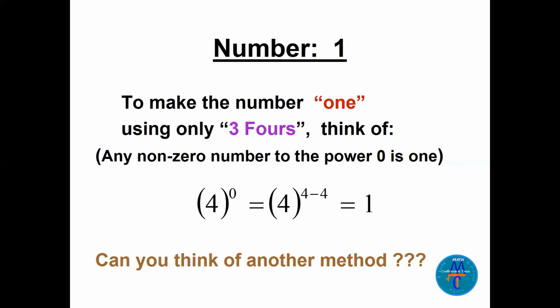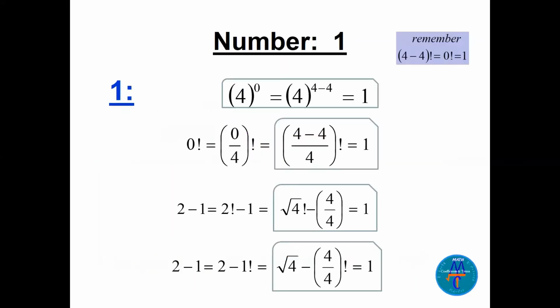Can you think of another method? That's the interesting part, to think, training of your mind at your leisure time, at your free time, to find some other methods. Let's see. I put here 4 ways. So the first one I have mentioned, 4 to the power 0, is equal to 4 to the power 4 minus 4.